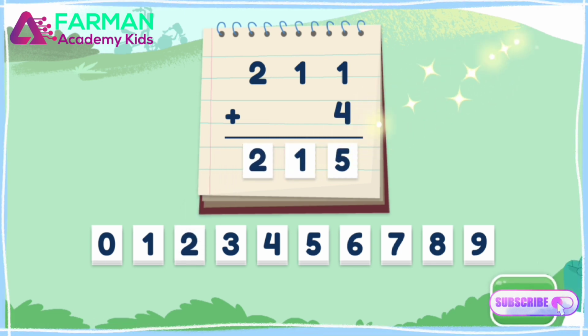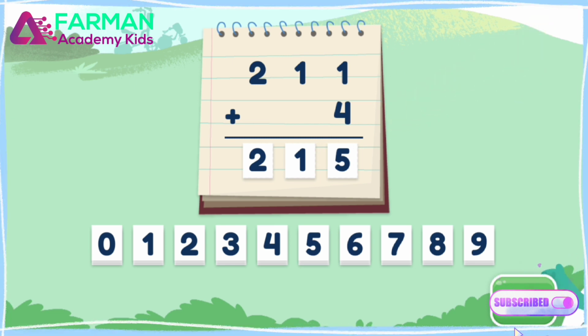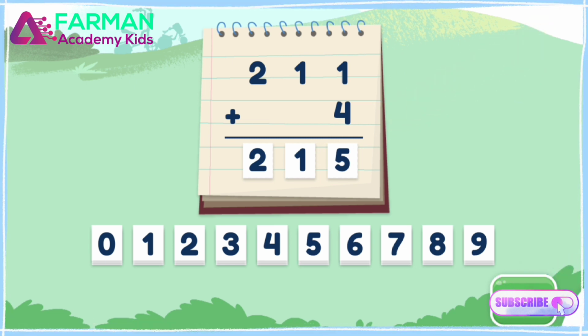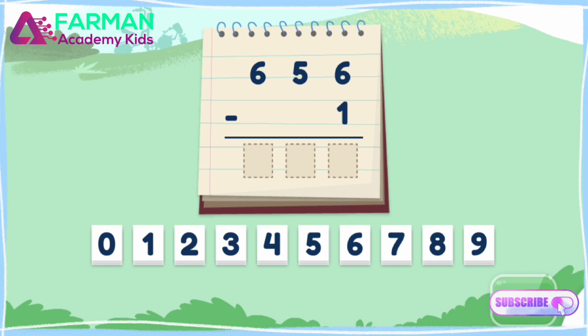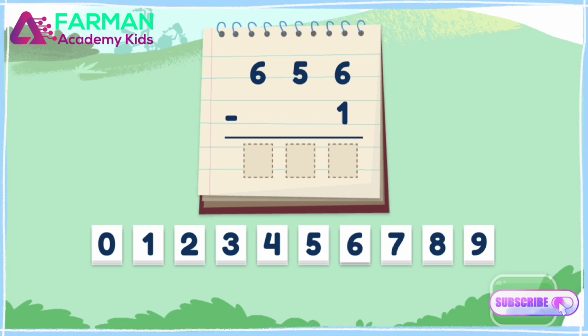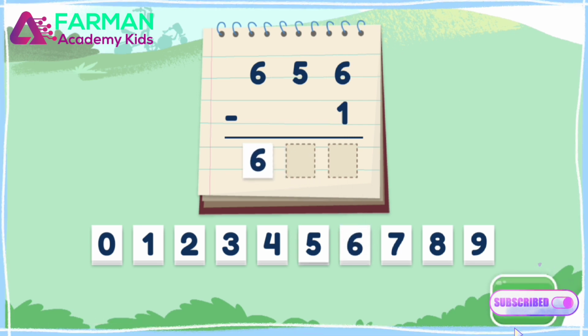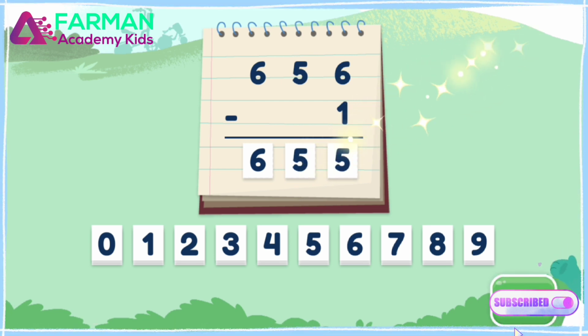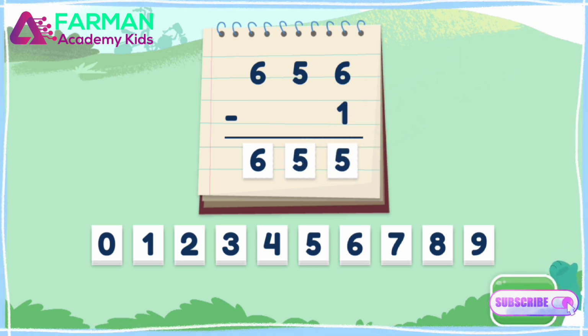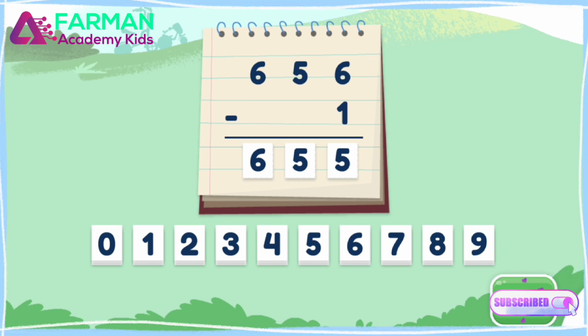Awesome! You added a 3-digit number with a 1-digit number by adding just the ones place. Solve this equation by subtracting from the ones place. You subtracted a 1-digit number from a 3-digit number by taking away from the ones place.